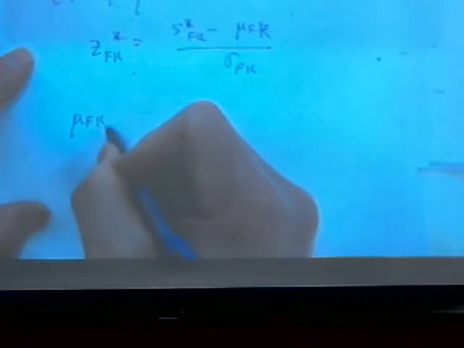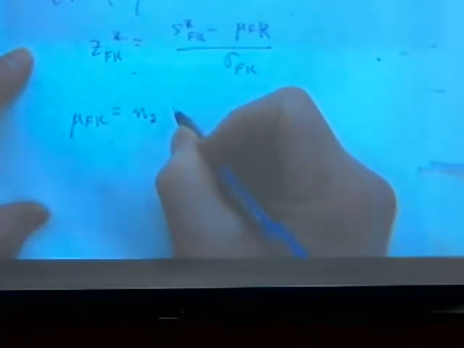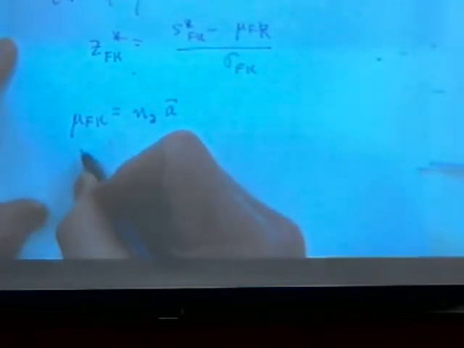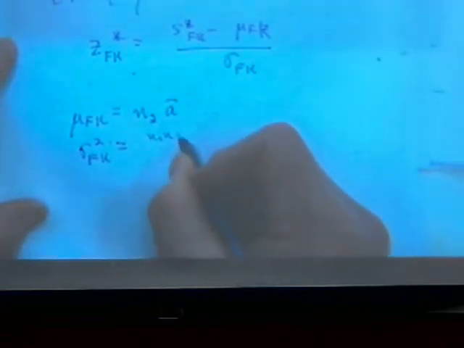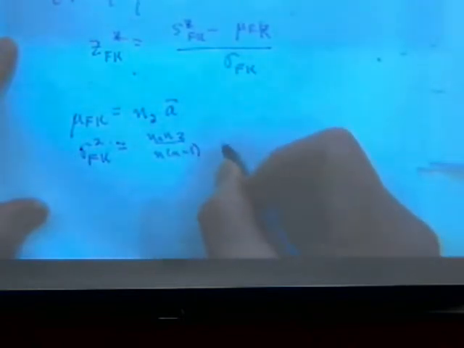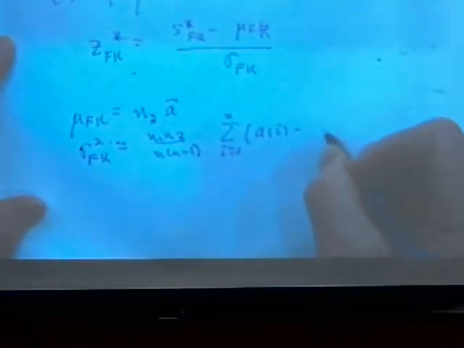I didn't talk about the standardization. You can standardize this, and that's what comes out of that package. And these things aren't nice because this mu_FK is this: it's n2 times a bar. And sigma squared FK is this, and this is a.